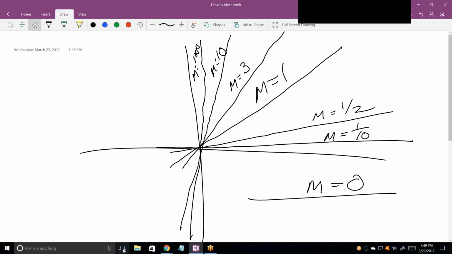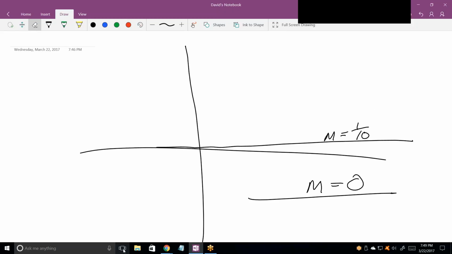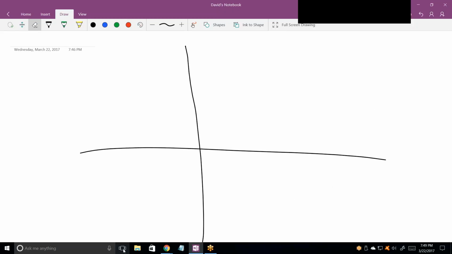Now, just to test you, tell me whether these slopes are positive or negative. Positive or negative? At which point?